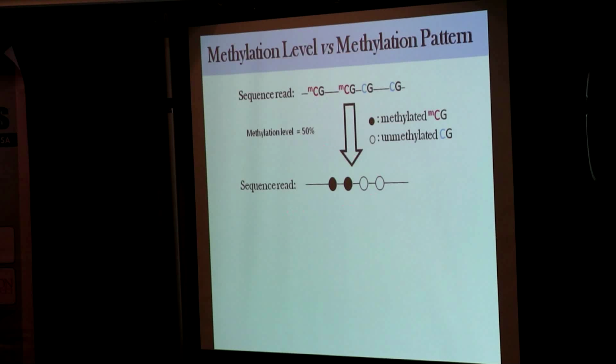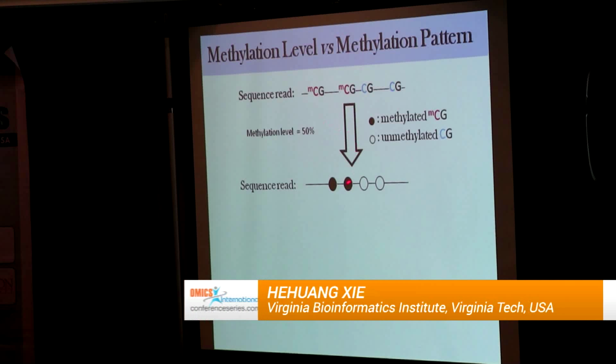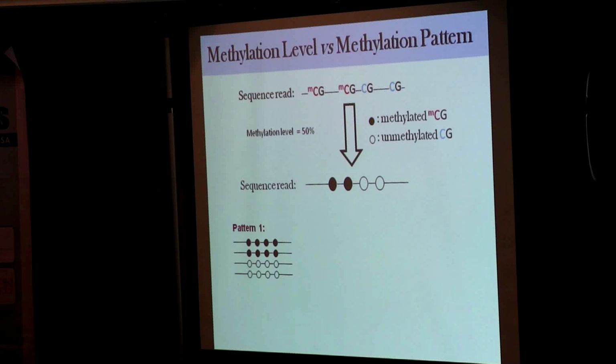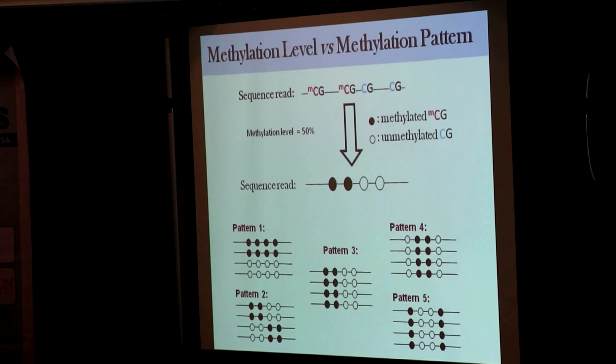And here, just to make it simple, people often use such symbols to represent methylated and unmethylated cytosines. For example, a methylated cytosine is a filled circle, and an unmethylated one is an open circle. In this sequence read, the methylation level is 50%, so basically half methylated. But half methylated can mean a lot of different things. Think about it. This is one methylation pattern that is half methylated, but there are different methylation patterns.